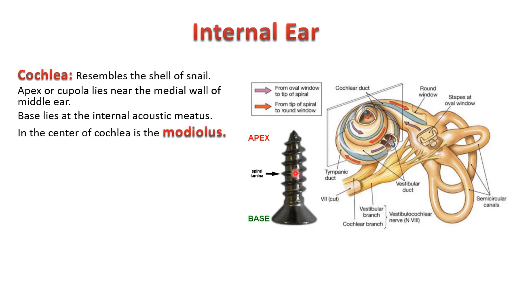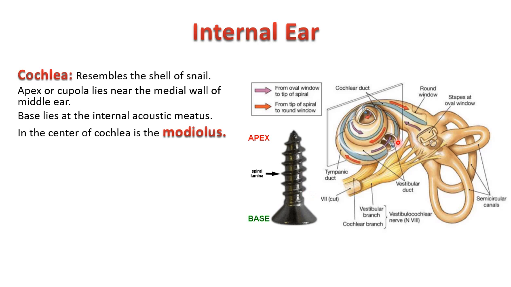Now we will try to understand the interior with the help of this small screw which you are able to see here. That is the basal turn and that is the apex of the cochlea. Extending from the base to the apex, you see a central stem that is called the modiolus. Around the modiolus you are able to see a bony projection which is called the spiral lamina.